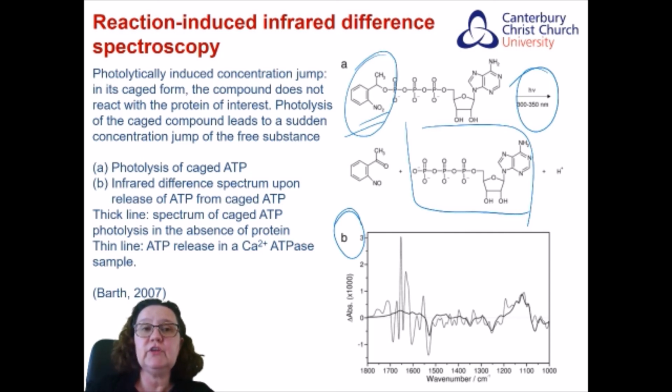And so it is able to follow the reaction with protein and without protein, and what happens when the ATP is released, and where in the molecule, where in the protein that ATP attaches. So again, we are looking at the relationship between the protein structure and its function.